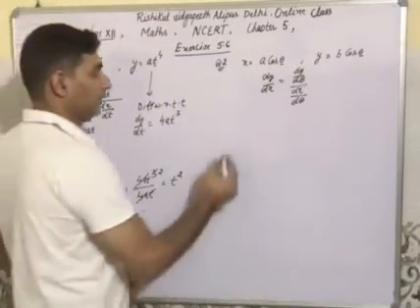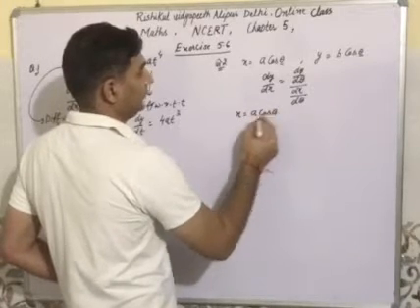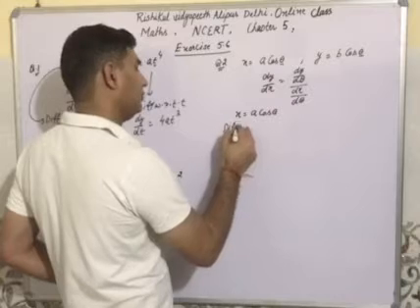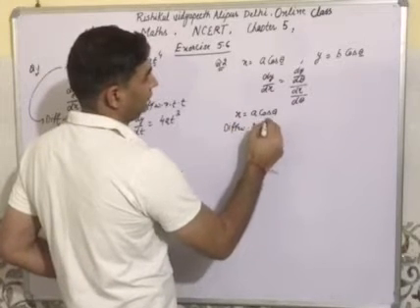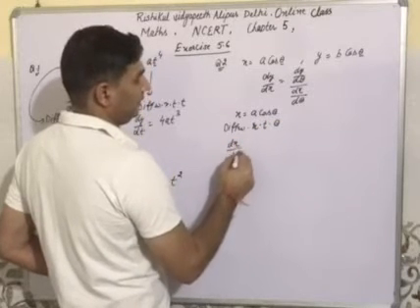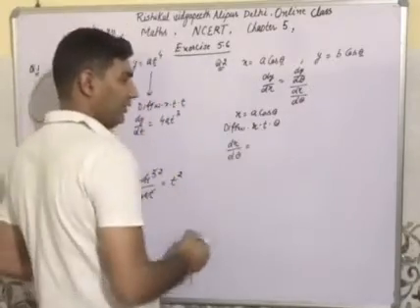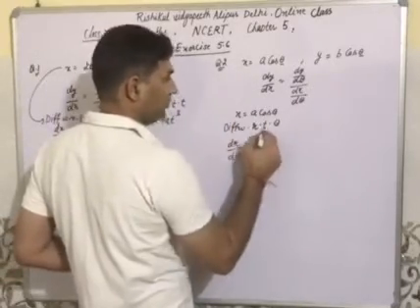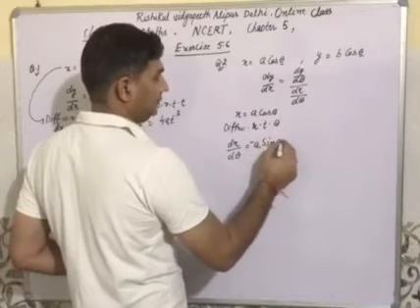Then x is equal to a cos theta. Differentiate with respect to theta: a is a constant term, and the derivative of cos theta is minus sin theta.